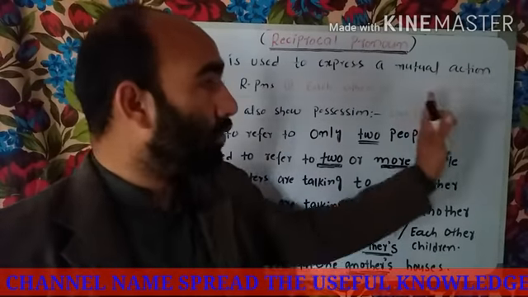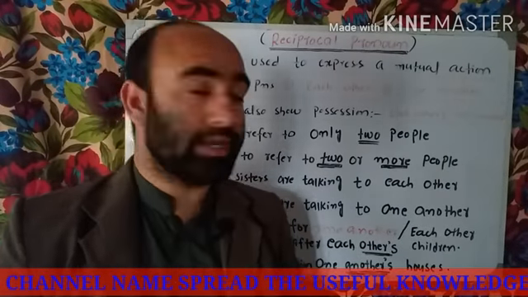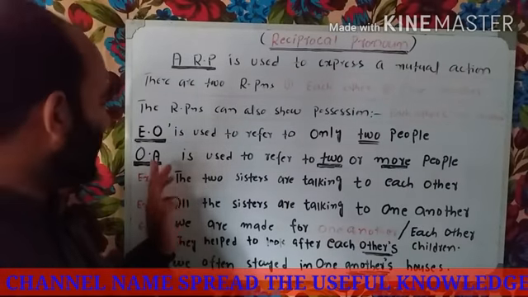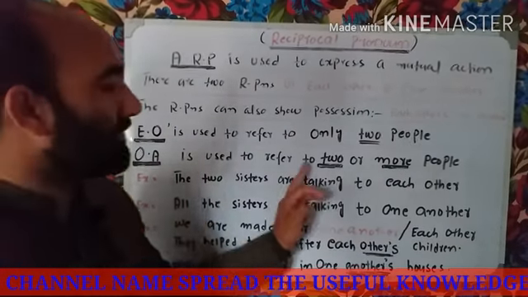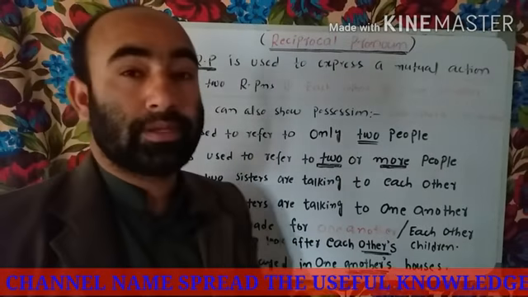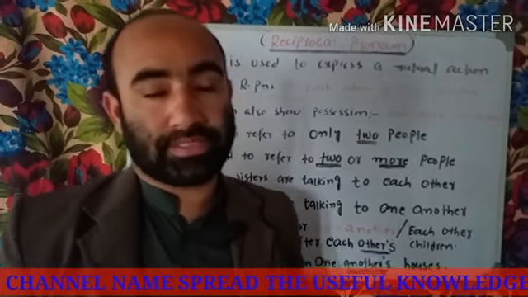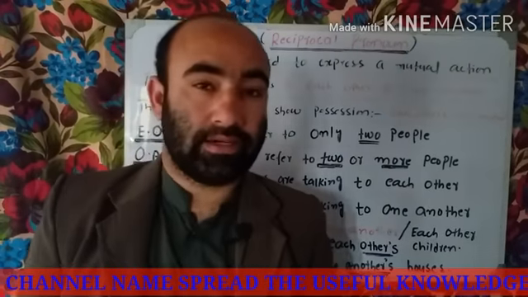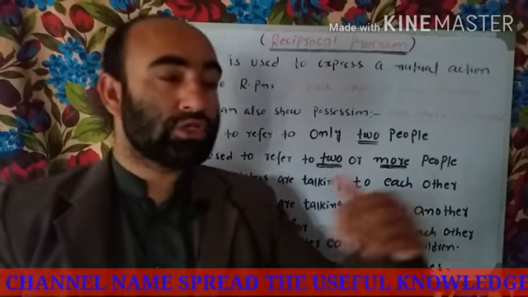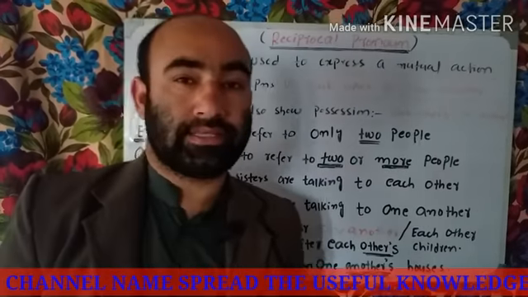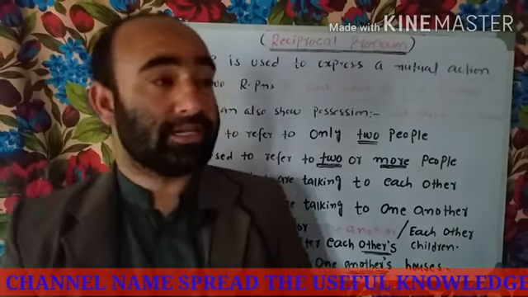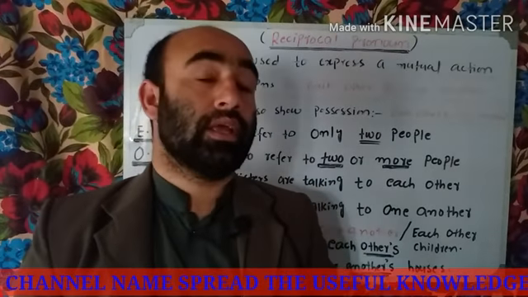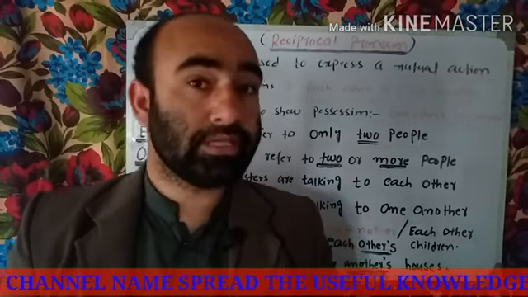One another, where can we use it? One another is used to refer to two or more people. We use the reciprocal pronoun one another when there is a mutual action or feeling that is shared and distributed among the people, among more than two.